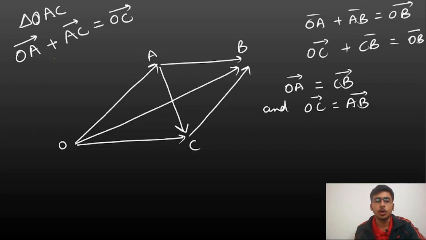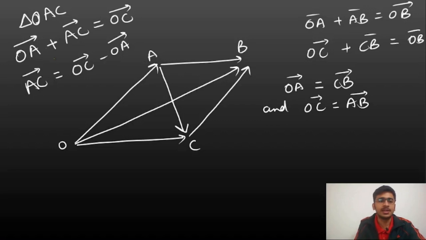Because again, OA vector and AC vector are connected head to tail. The tail of AC vector, which is A, is connected to the head of OA vector. So if I want to find what AC vector is, AC vector can be written as OC vector minus OA vector.